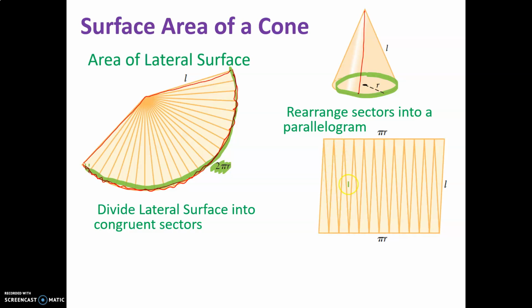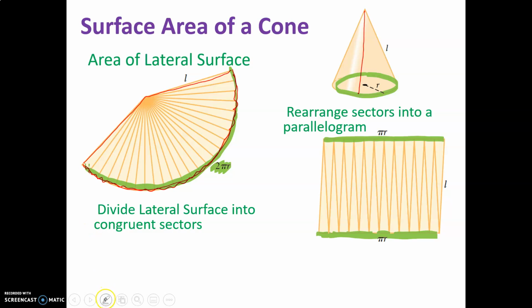But when we put these up, down, up, down, up, down, half of the green ends up down here, and half of the green ends up there. So instead of this being 2 pi r, half of it would be 1 pi r here and 1 pi r here. So now it looks like a parallelogram.